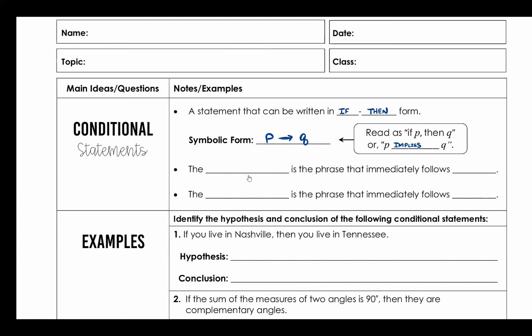So the hypothesis is the first part of our conditional statement, and it's the phrase that immediately follows the word if.